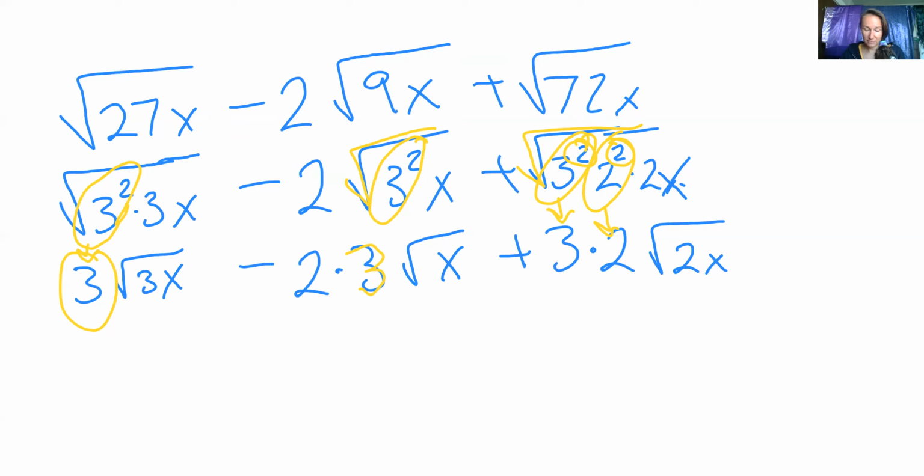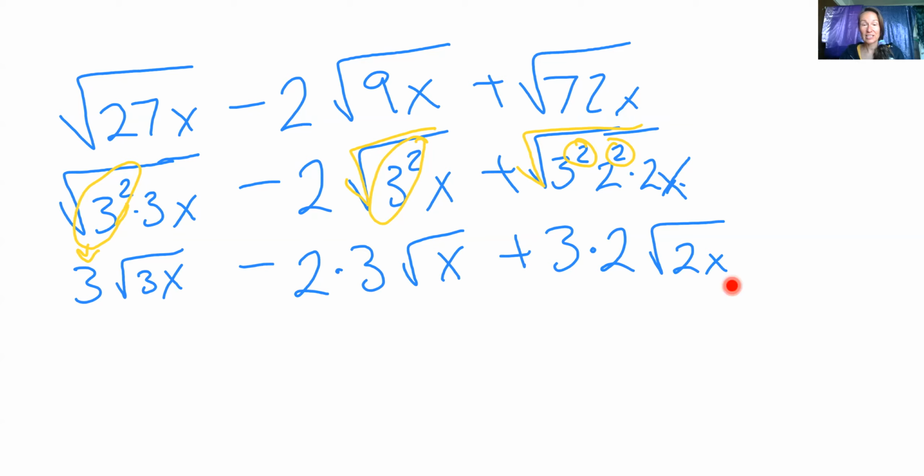Now what do we have to look at here? We've got 3 root 3x. We've got 6 root x, and we've got 3 times 2 square root 2x, right? None of these are like radicals.